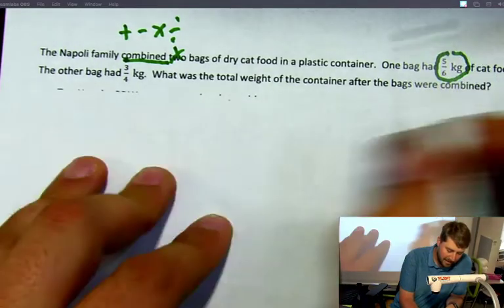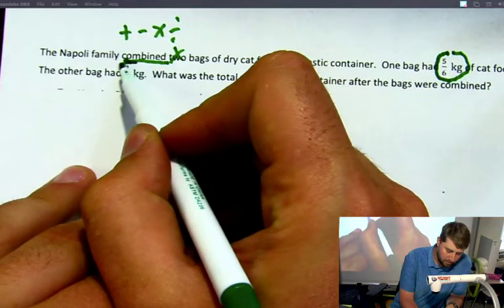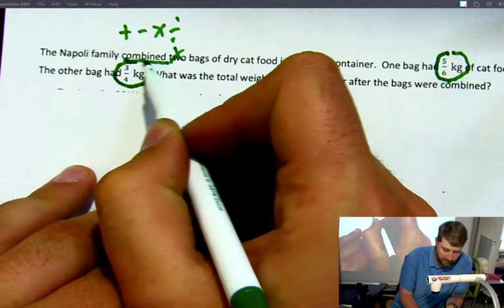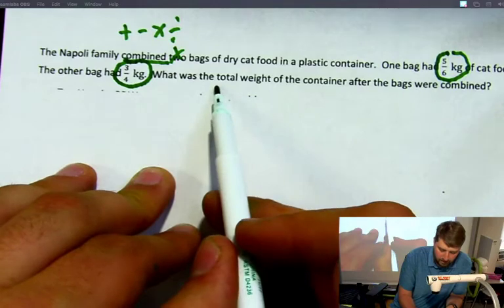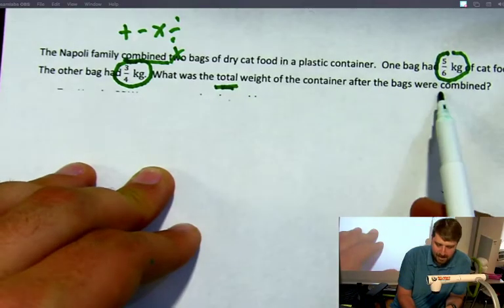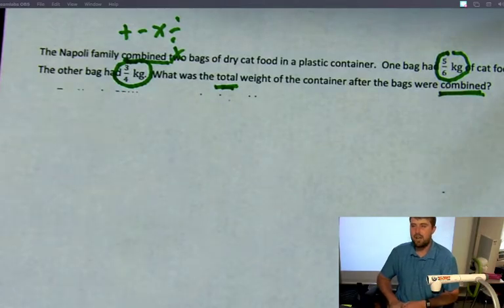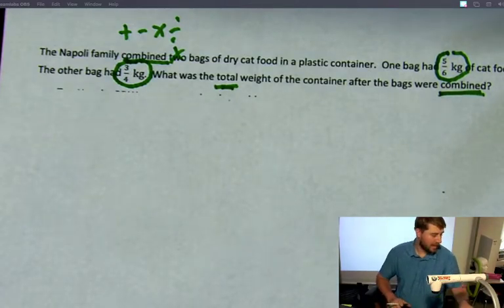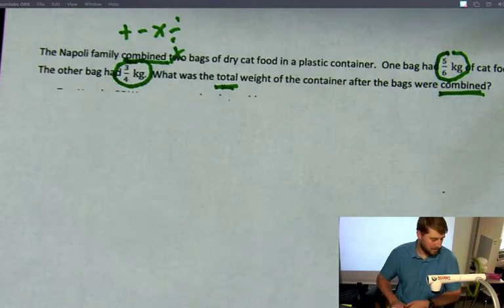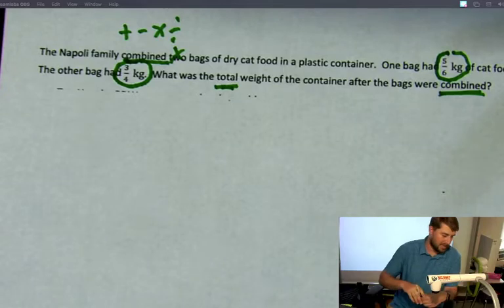The other bag was 3/4 of a kilogram. Again, we are asking for the total weight after the bags were combined. So we've got 2 numbers there. Do we need to add, subtract, multiply, or divide them? Give that problem a shot, solve it, and then I will share my answer in just a moment. So pause the video here, solve this problem, and I'll reveal my answer.